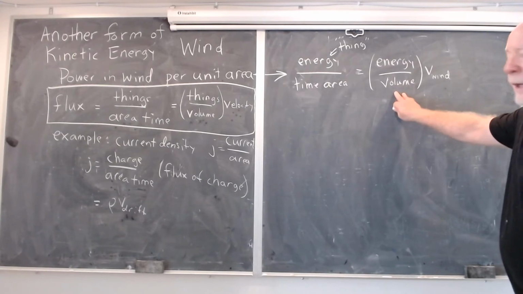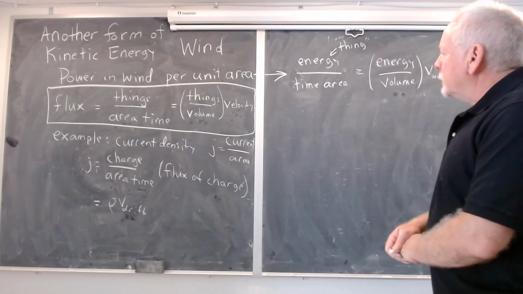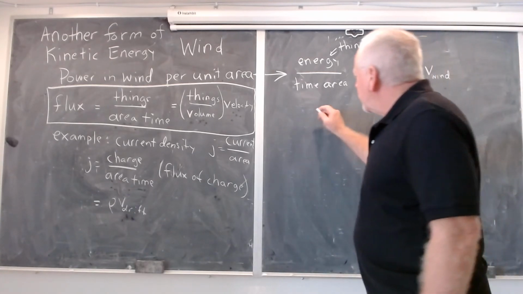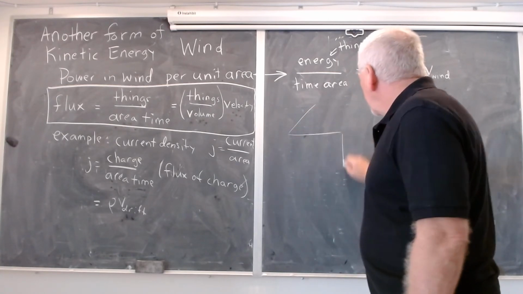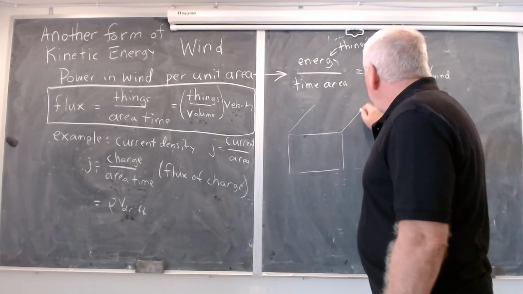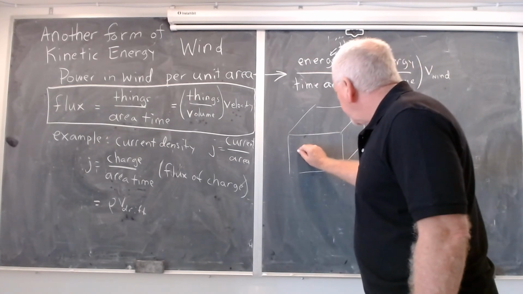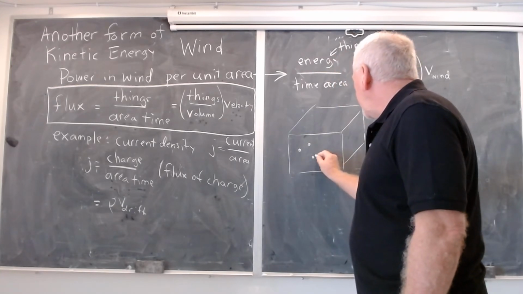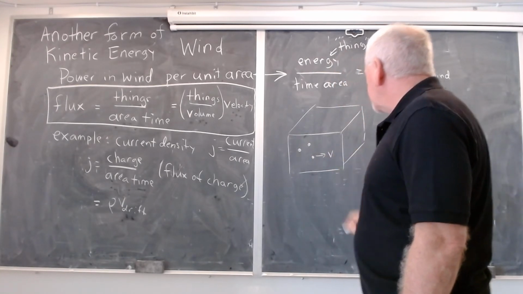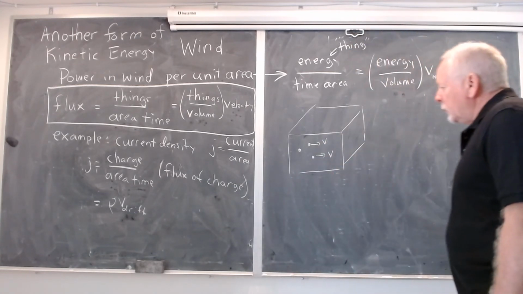Now, what is the energy per unit volume? That one's a little bit more tricky to think about, because basically what you want to do is take a certain volume and think about each air molecule having a velocity in a certain direction, the wind velocity.